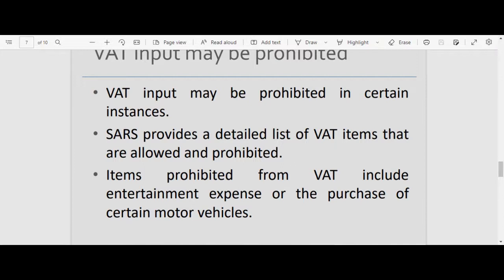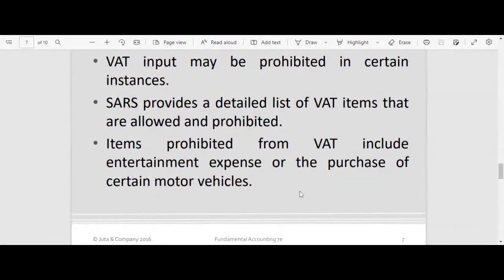Also, the purchase of certain motor vehicles. What do they mean by certain motor vehicles? I can't remember if your textbook actually specifies it, but certain motor vehicles where you are not allowed to claim the value added tax back are those vehicles that are deemed to be passenger vehicles.